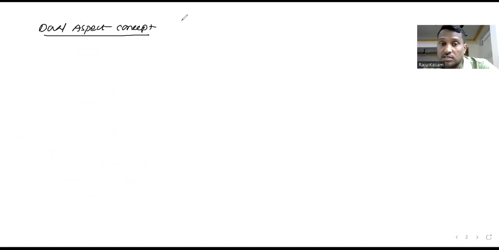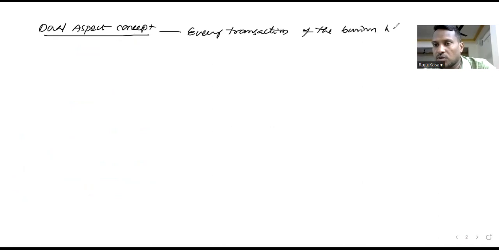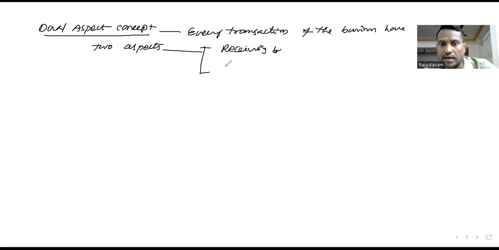According to this concept, every transaction of the business has two aspects: receiving benefit and giving benefit.